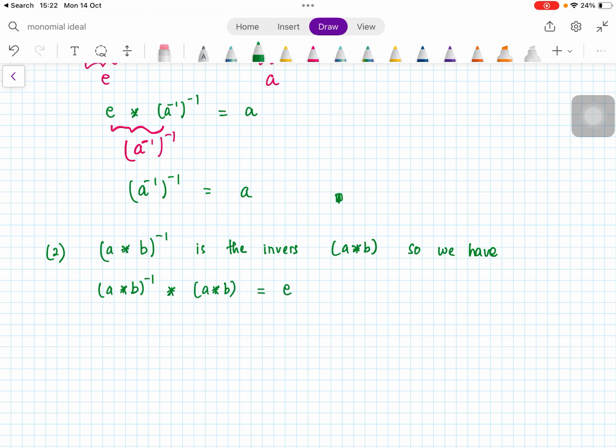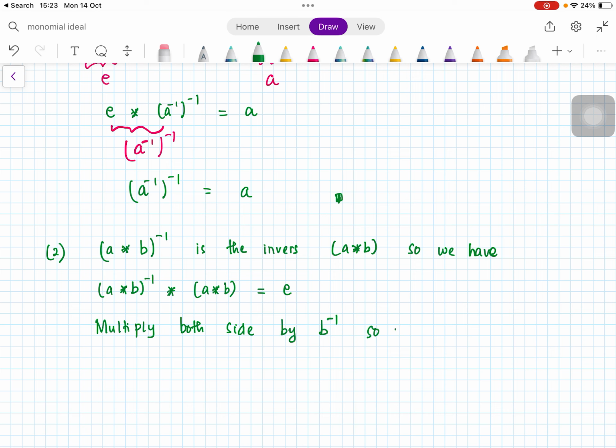Then we can multiply both sides first of all by B inverse.